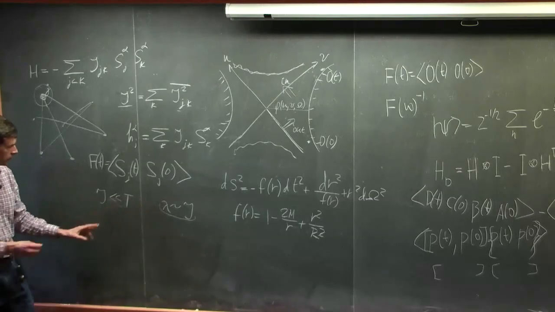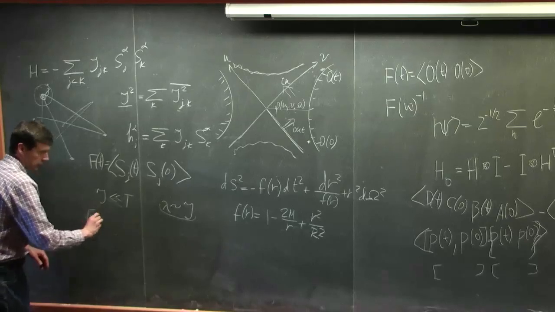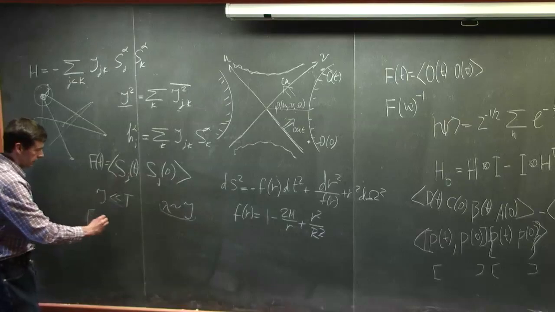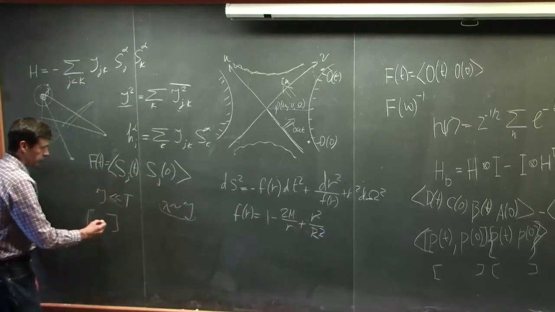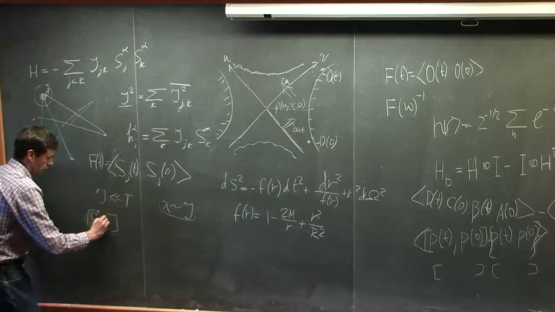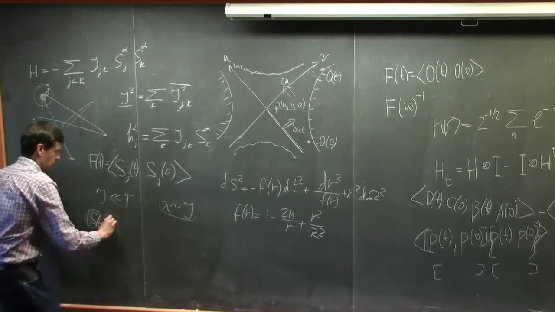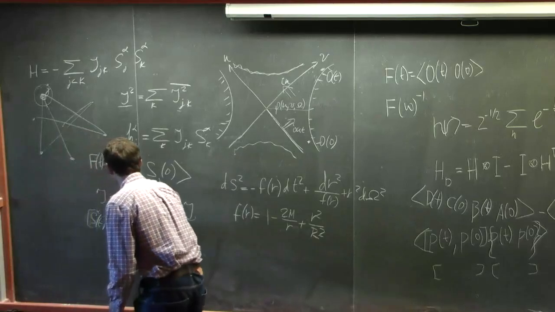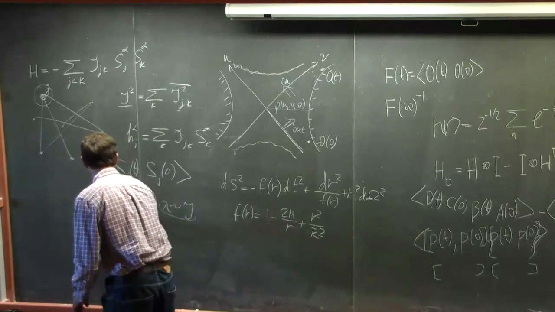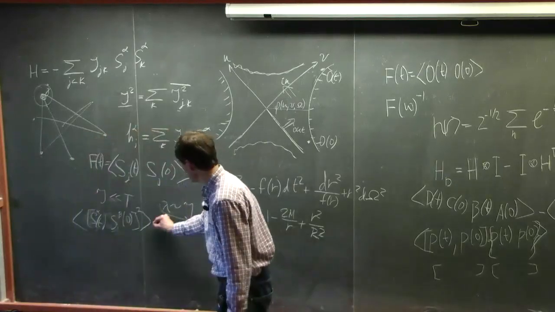And in this limit, the correlator, it's unlike the semi-classical particle. The correlator of the commutator squared, S alpha of t, S beta of 0, squared average, dominates.